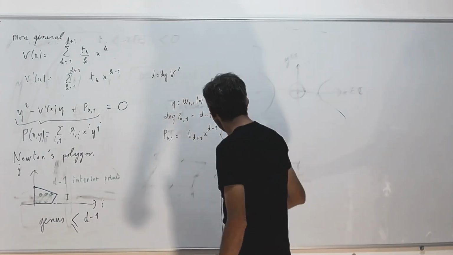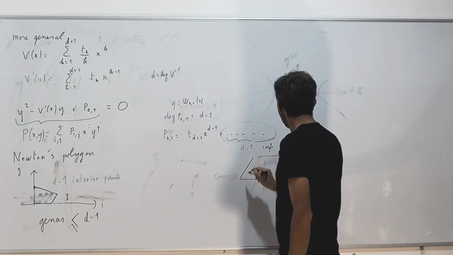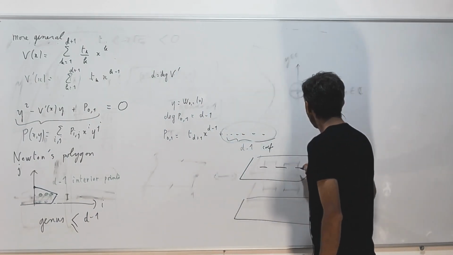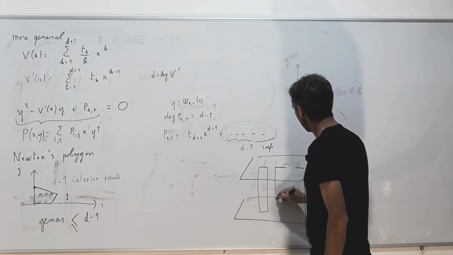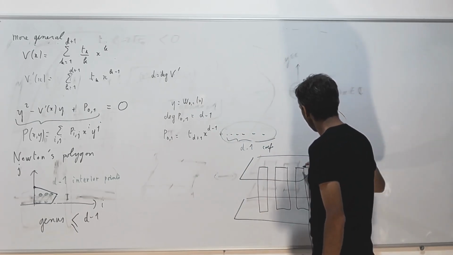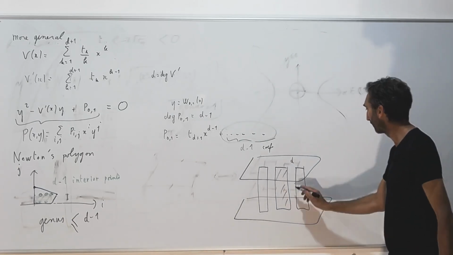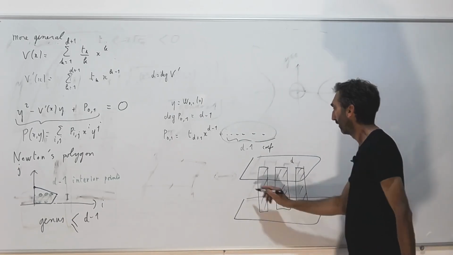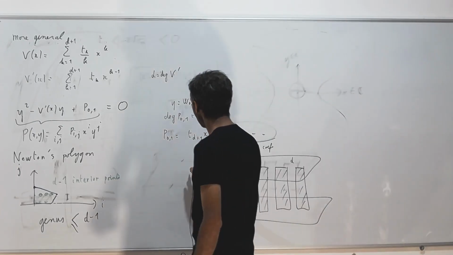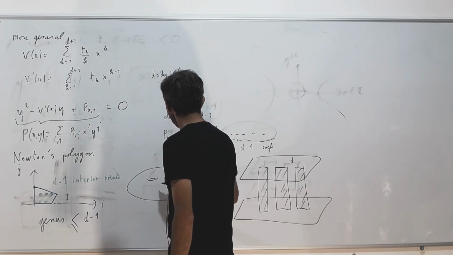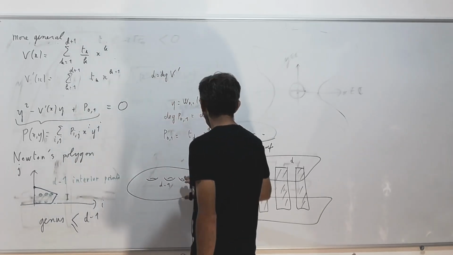So which means that generically, typically you will have d cuts like that, d of them. And this can be mapped to a Riemann surface of genus d minus 1. Okay.